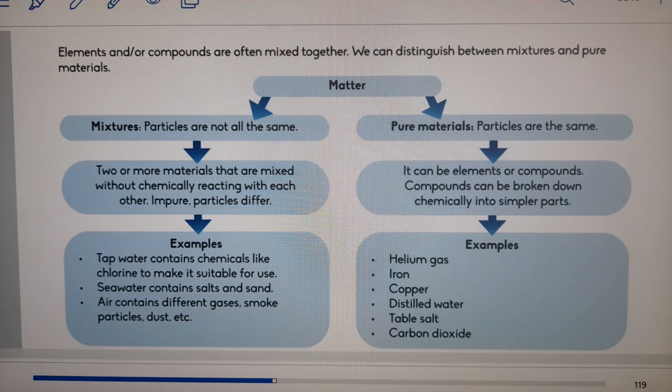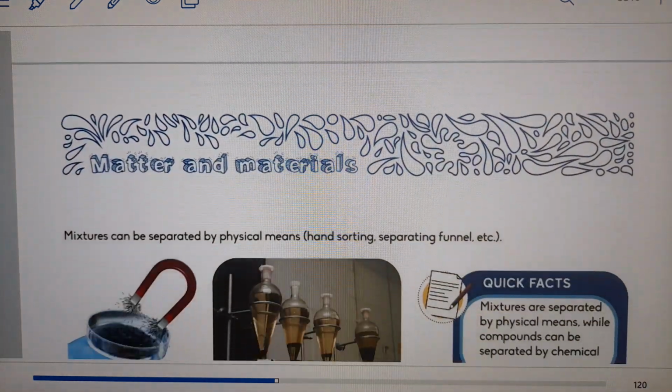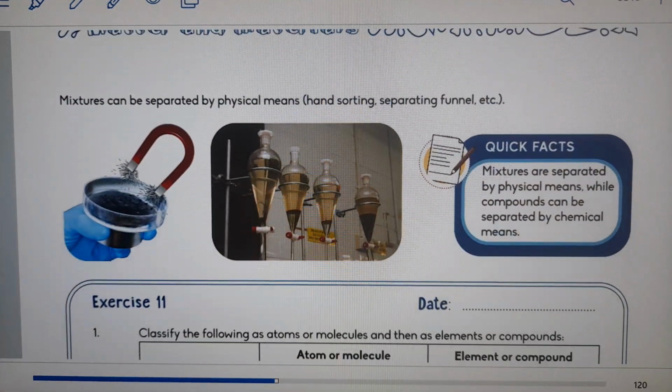Okay, so now we know what mixtures are. Let's go down a bit. Now they say mixtures can be separated by physical means. First one is hand sorting, then the separating funnel. You've done this a lot in grade 6, grade 7. Mixtures are separated by physical means, while chemical compounds can be separated by chemical means.